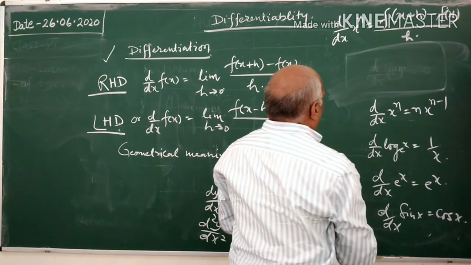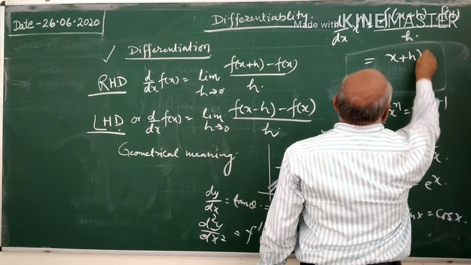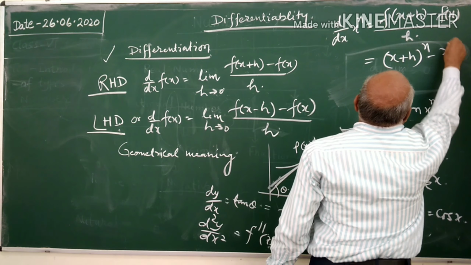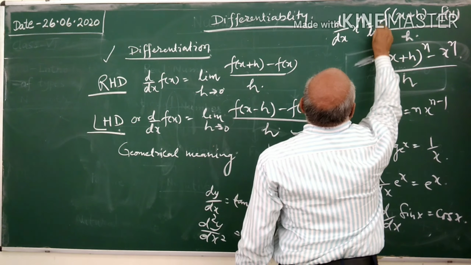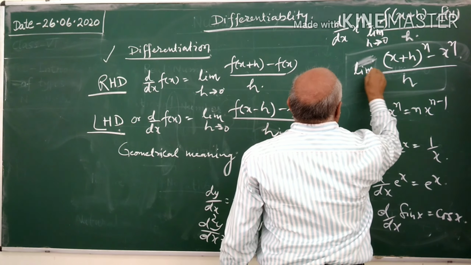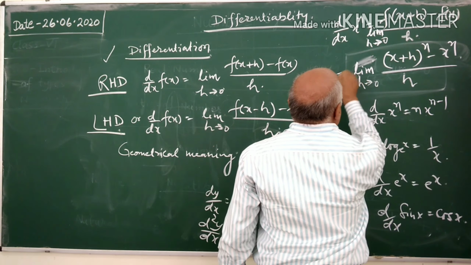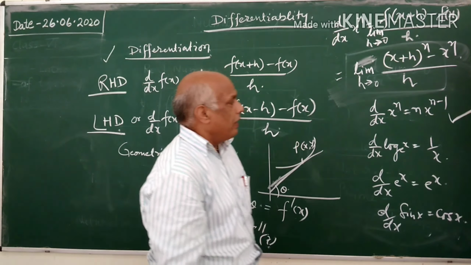We can write it as x plus h to the power n minus x to the power n divided by h, and limit h tends to 0. And after solving this, we get dy by dx of x to the power n is equal to n x to the power n minus 1.